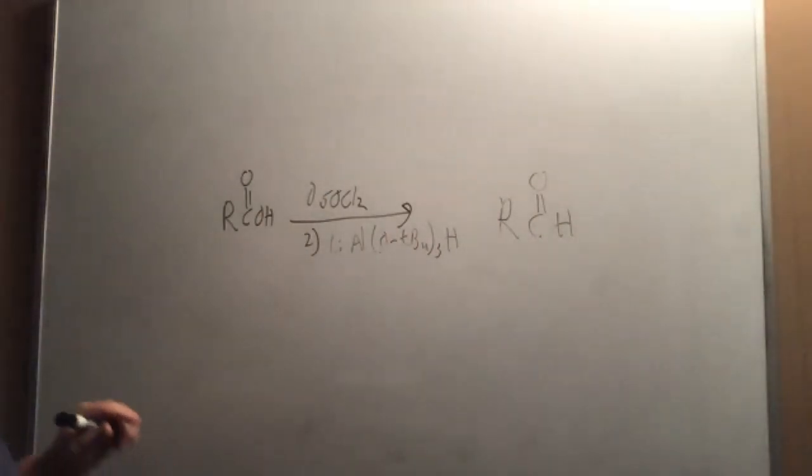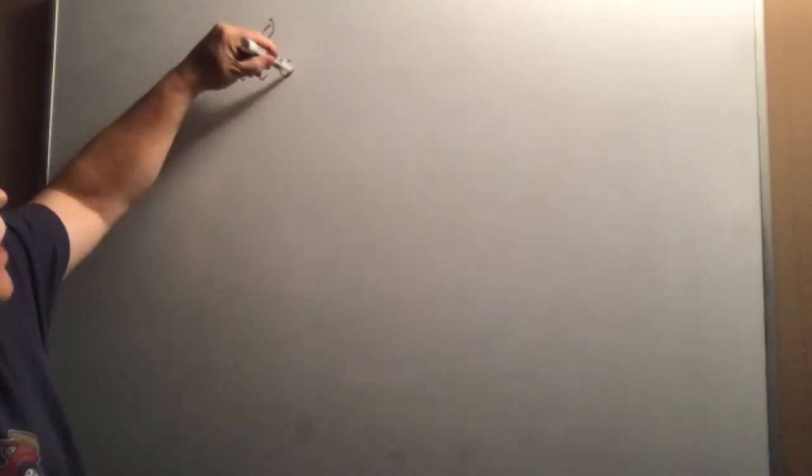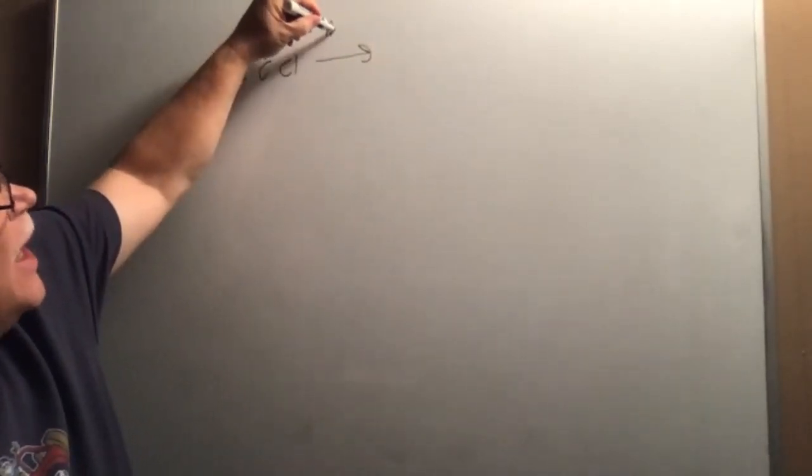Now, we've already seen this reaction before. Okay, if we take an acid chloride, we saw this reaction back in the chapter on, I forget which chapter it was, but we saw this reaction when we were talking about Grignard reagents, and treat it with a cuprate agent.